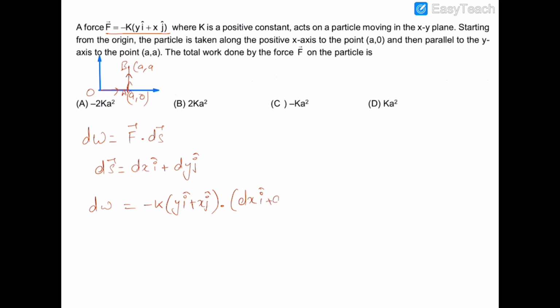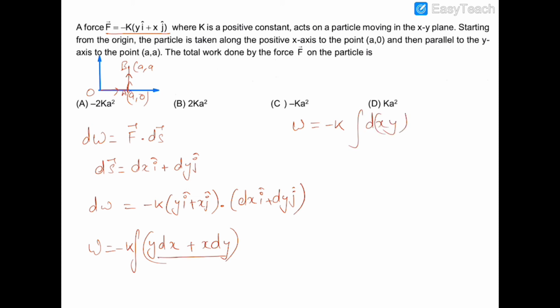dot with dx I cap plus dy j cap. Now the total work done will be integration of this one, y dx plus x dy. Now work done will be minus k, and it can be written as d of xy. As we all know that differentiation of x into y will be given by the equation x dy plus y dx.